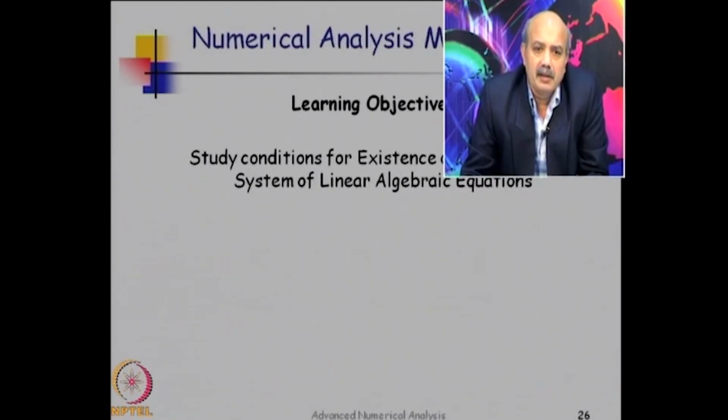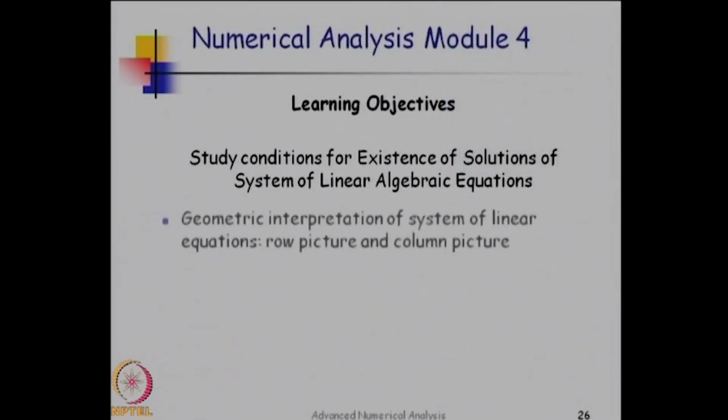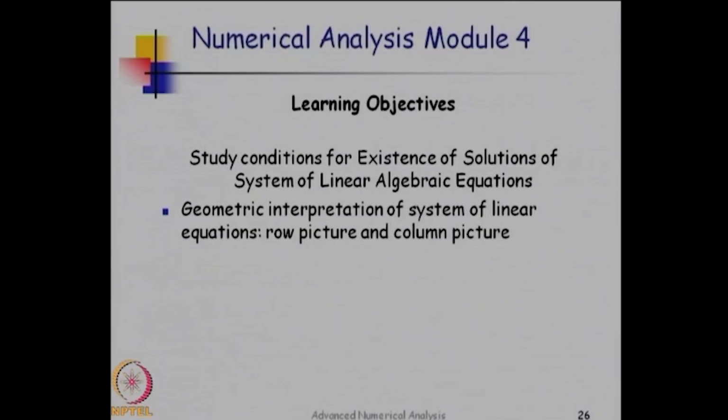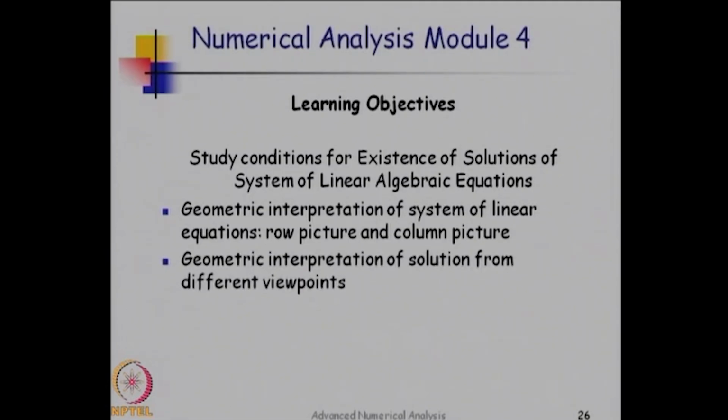So we will begin with the study of conditions for existence of solutions for linear algebraic equations. We move on to the geometric interpretation of the solutions, very important. So I will look at the problem through two pictures, a row picture and a column picture. We'll look at the solution from two different geometric viewpoints.